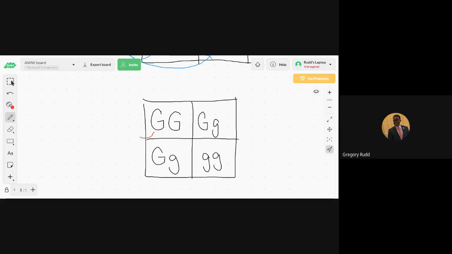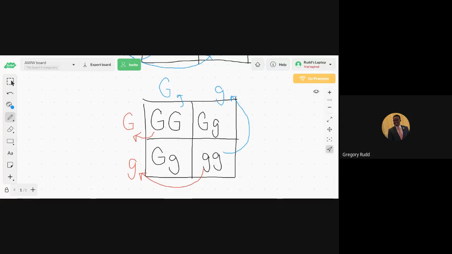This G had to have come from right here. So that means that there has to be a G here. This G had to have come right here. So there has to be a capital G here. Likewise, this G had to have come from right here, that lowercase g. So there's got to be a lowercase g right there. And this g over here had to have come from up here.